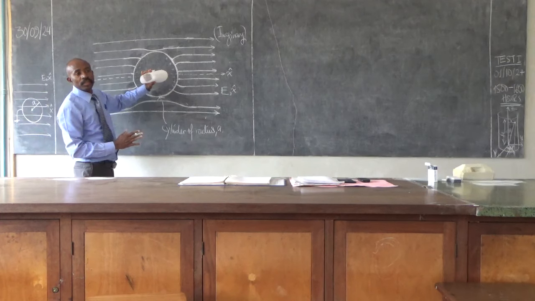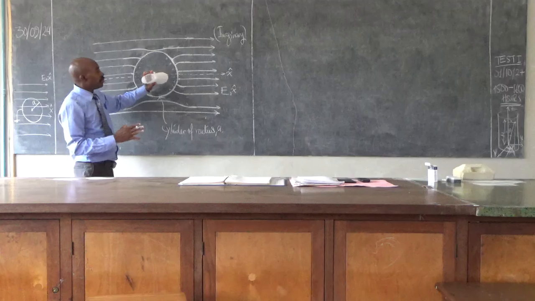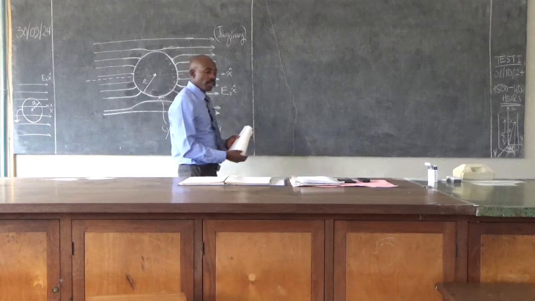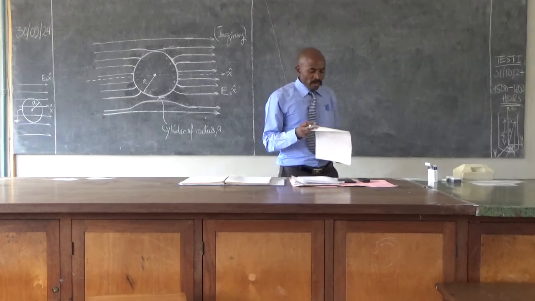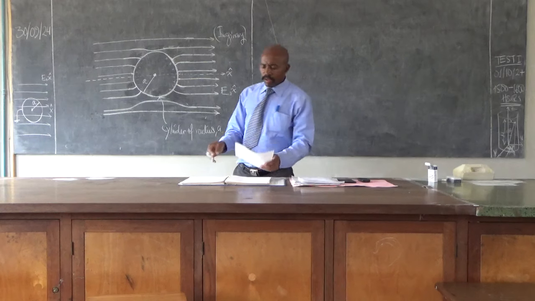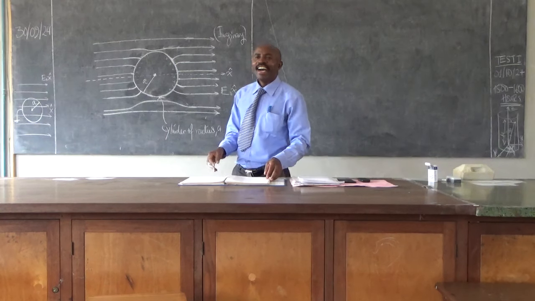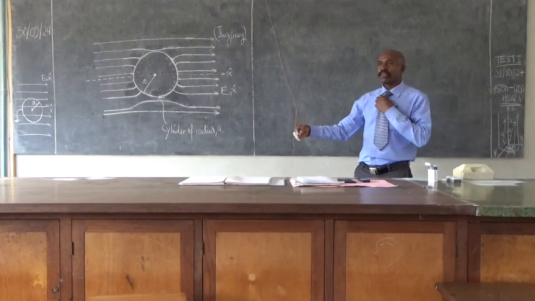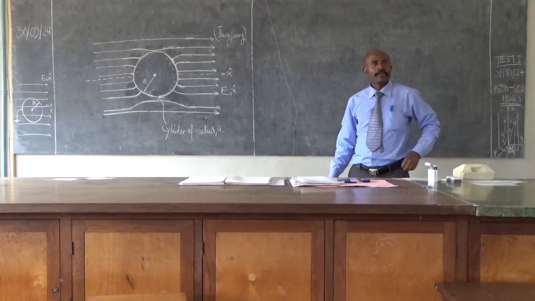And the cylinder is infinite, very long, with this field uniform, threading the whole of it. So this marks the end of the solution of potential problems using Laplace's equation.